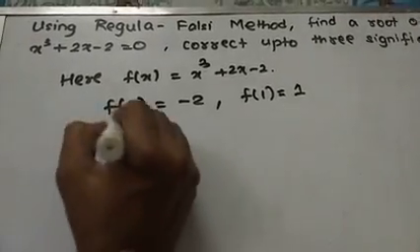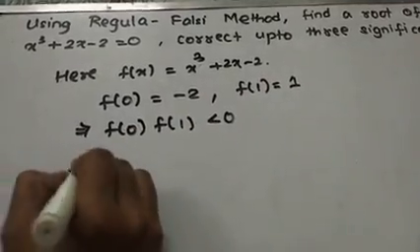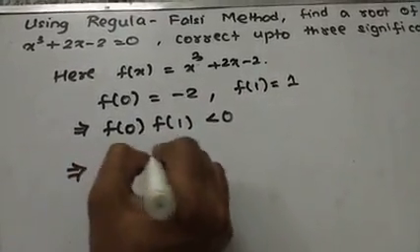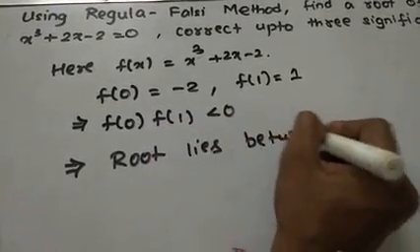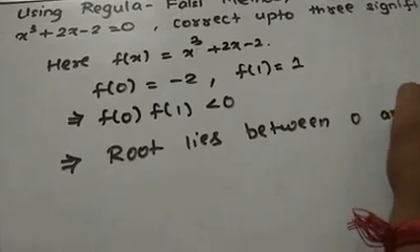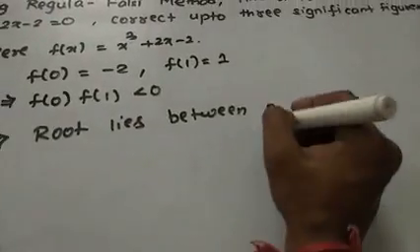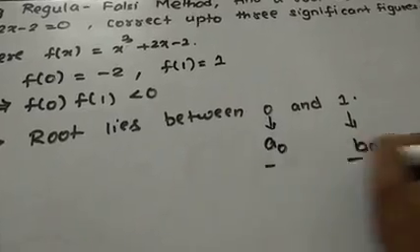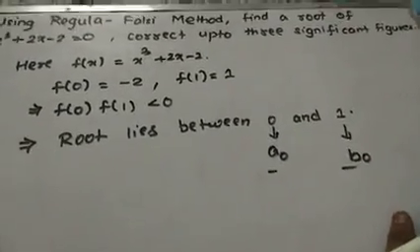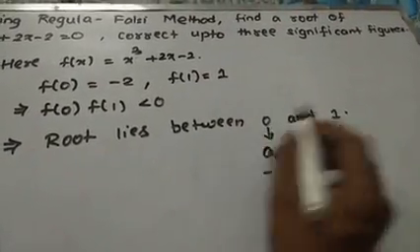Which implies f of 0 into f of 1 is less than 0. That means the root lies between 0 and 1. So this is our initial a0, this is our initial b0. Clear? Now we got the interval where the root lies.